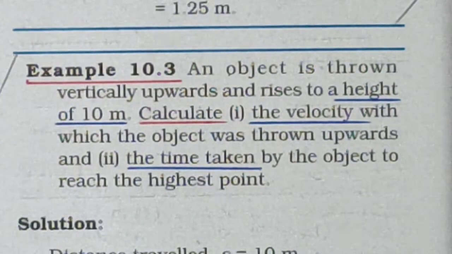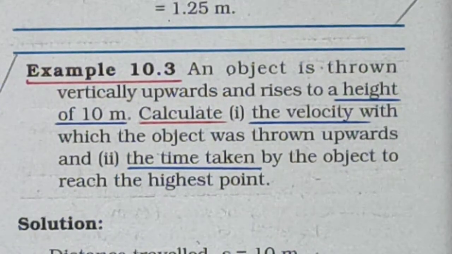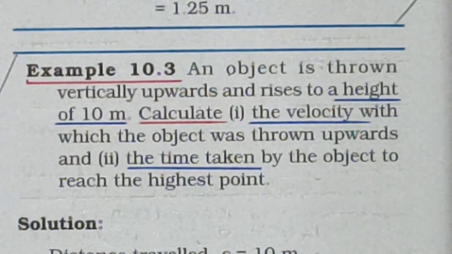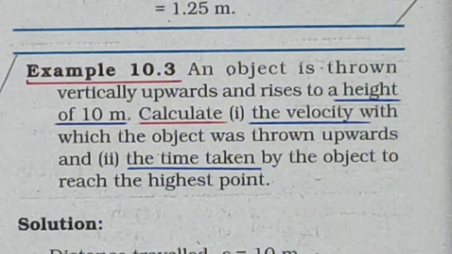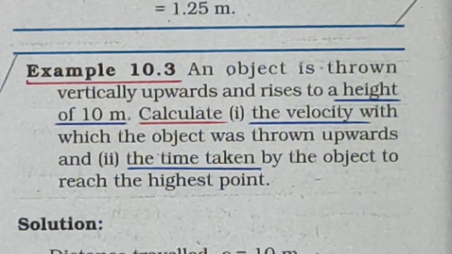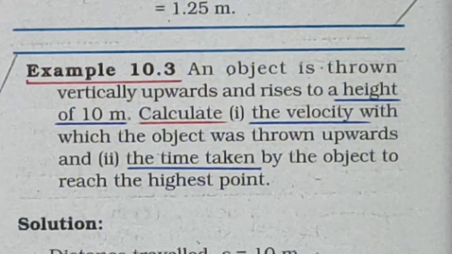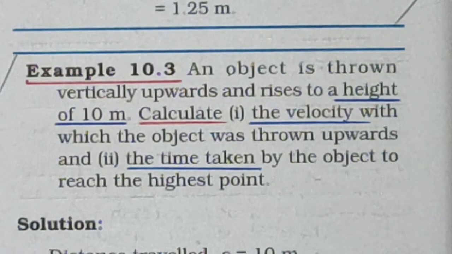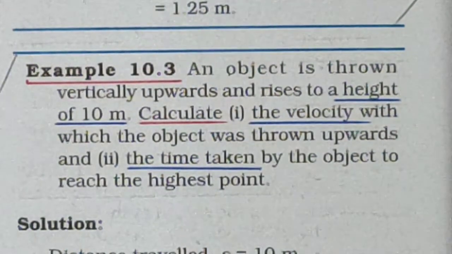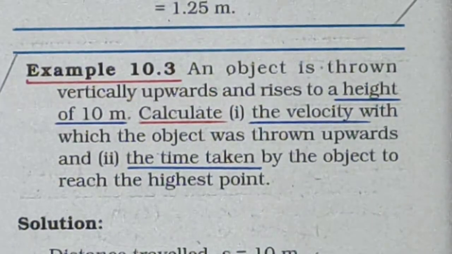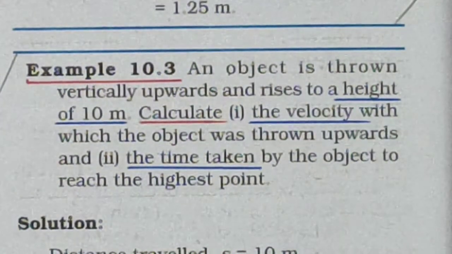Then we go to the distance traveled. For the distance traveled we can use the formula s is equal to ut plus half at square. So in that u is 0, then it is half a into t square, where a is acceleration due to gravity, that is 10 meters per second square, and t is 0.5 whole square, that is 0.25. When you calculate, you get all the answers.